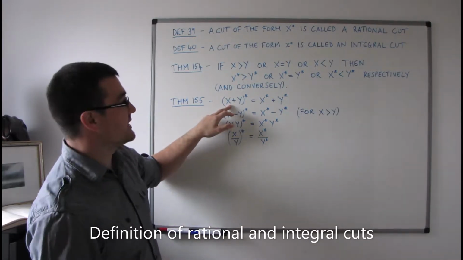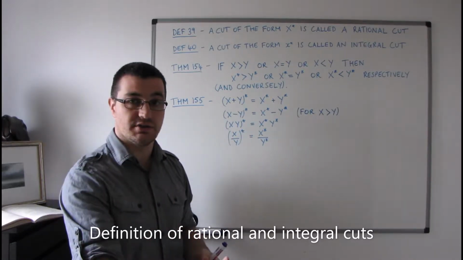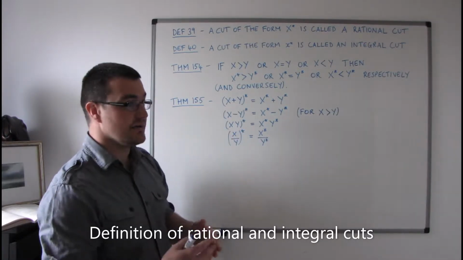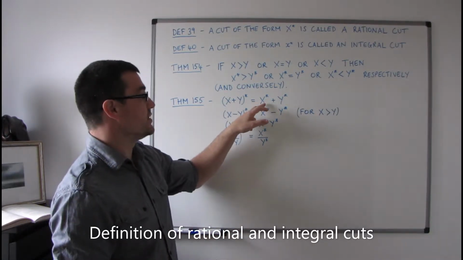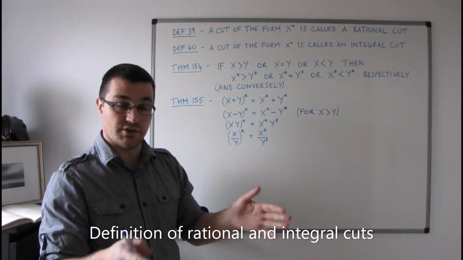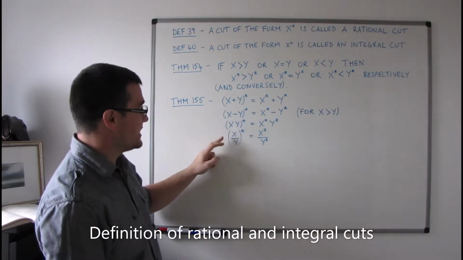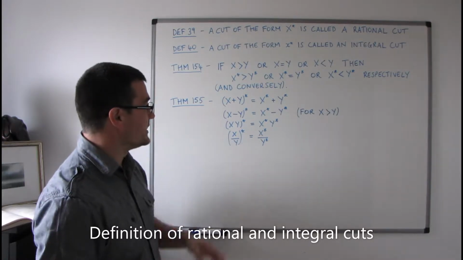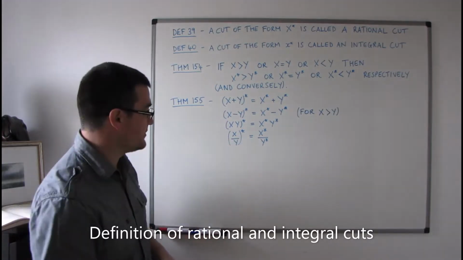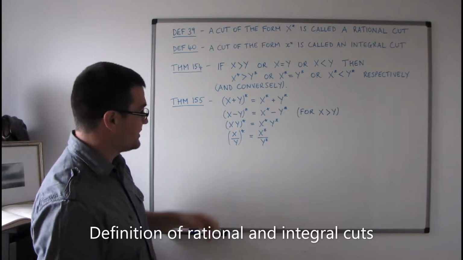If I take the sum of the rational numbers x and y and I form the cut relating to that rational number x plus y, then this is the same as if I'd found the cut corresponding to x and the cut corresponding to y and found the sum of the two cuts x star and y star. And similarly for x minus y, x times y, and x divided by y. I'm going to prove the first one here and not bother proving the other ones. I'll prove the first one just to give a bit of an idea about how this goes.